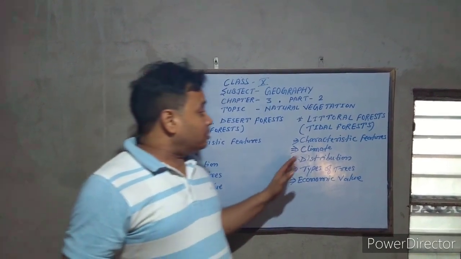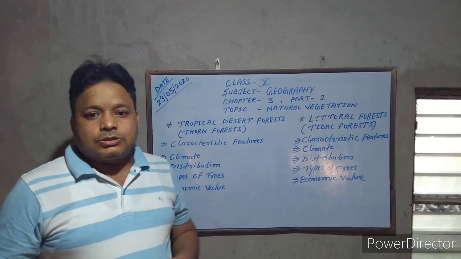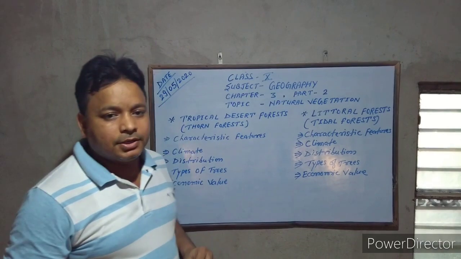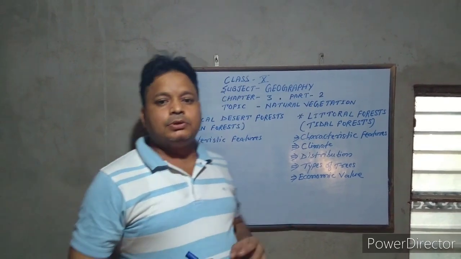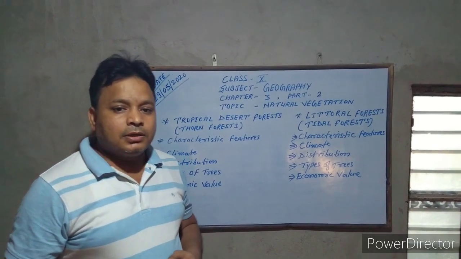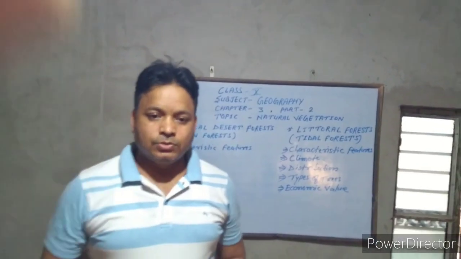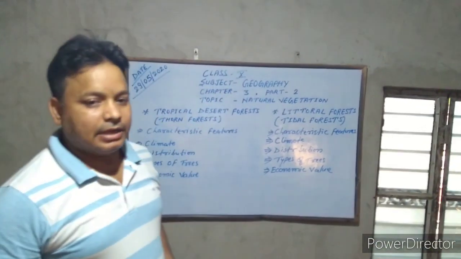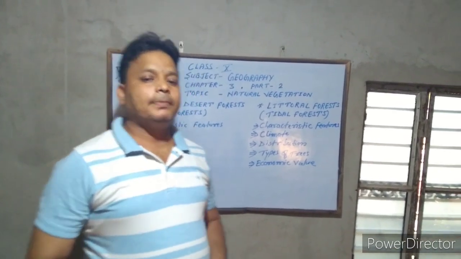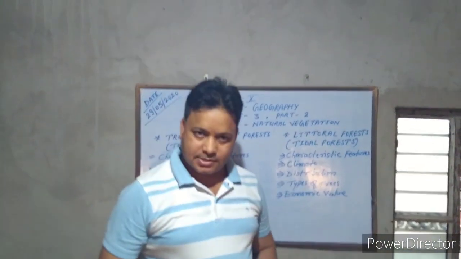Soil in the littoral forest is soft and muddy, so the trees adapt to survive in the region of shifting mud by forming a tangled web of roots.